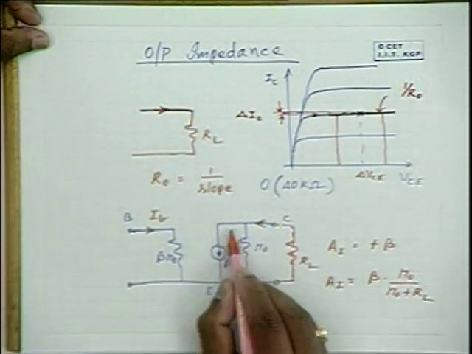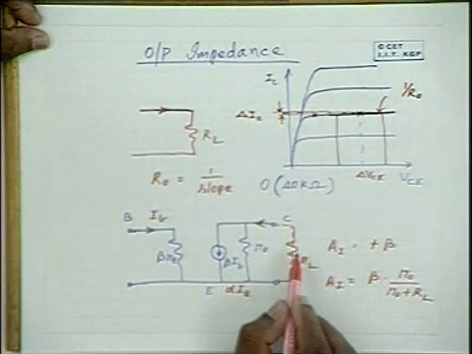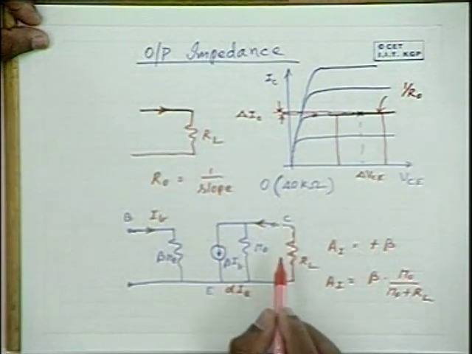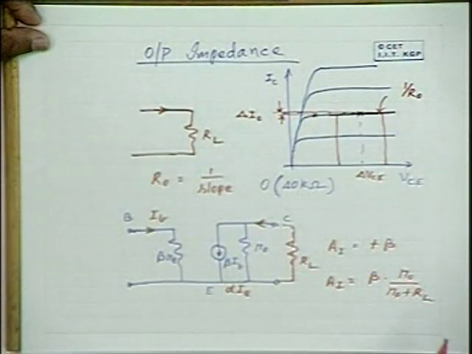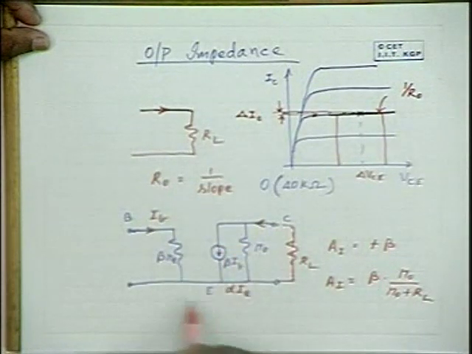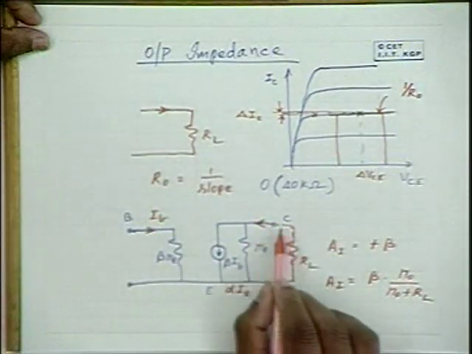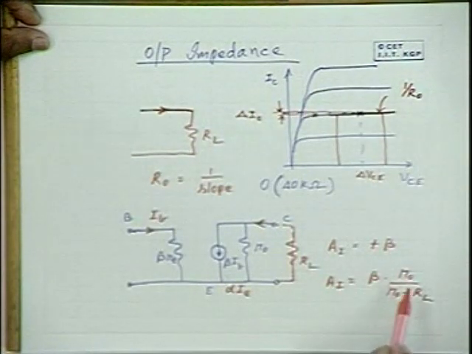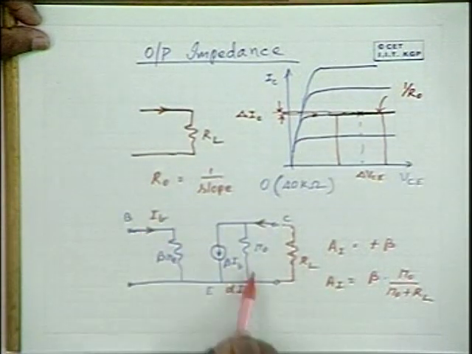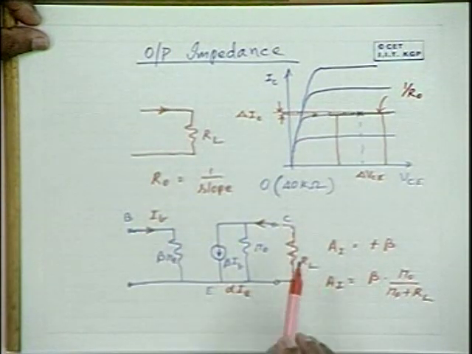Because of the further division between R naught and RL for the output current, we have to introduce that term to get the current gain. This is a byproduct of this model. We have used this model in the circuit where RL is used. So this is how we can determine the current gain, etc., when you use this model in a circuit.